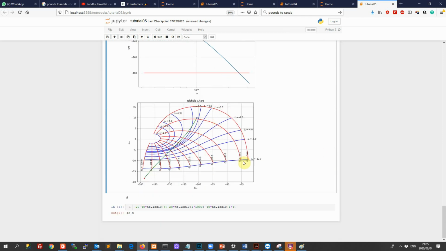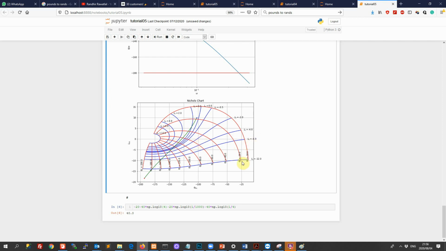So normally in a test or exam, I'll just give you these axes, so all these contours. Remember, these contours are for the closed loop log modulus values and the closed loop theta values. Right, so the blue lines are the log modulus, and the red lines are the theta, the angle.